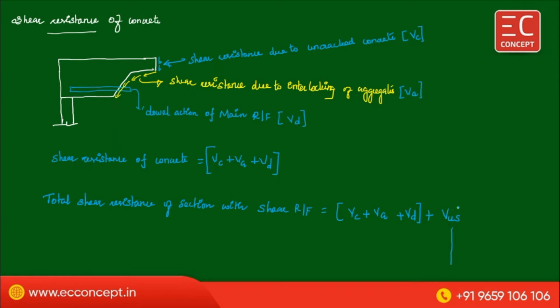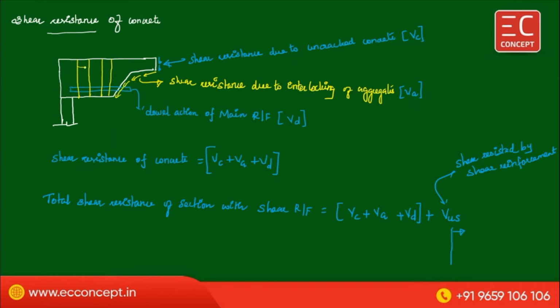What is this? This is shear resisted by shear reinforcement. What is the meaning? Not only these three quantities, also the shear resisted by stirrups. This is the shear reinforcement.